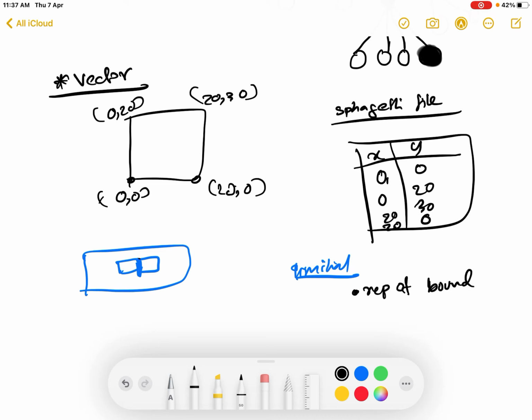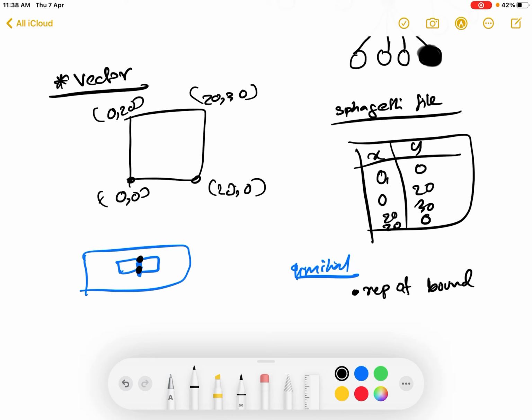If you show this in spaghetti form, there will be a repetition of boundaries. You have to do this twice. We have to represent the same nodes twice.